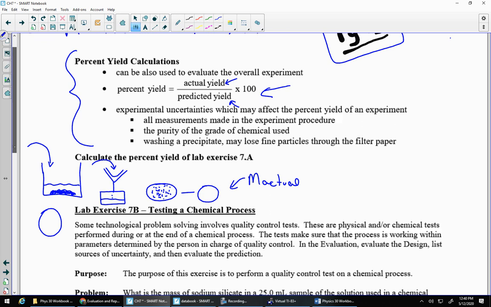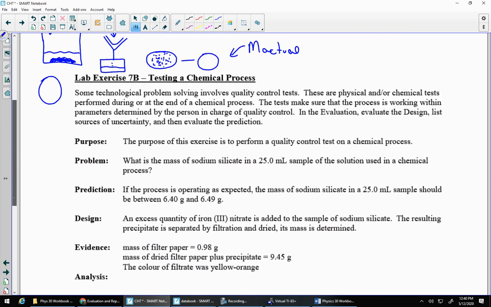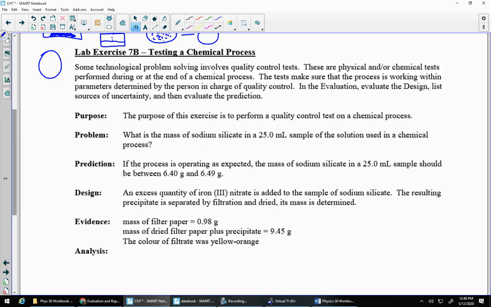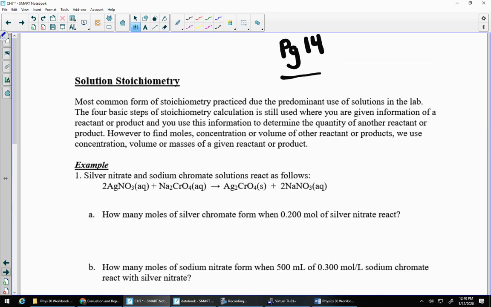So we're going to skip over lab exercise 7b. Again, you can 100% check that out if you want to. It's bonus material for us right here and right now in this COVID-19 situation that we're in. And we want to jump into solution stoichiometry on page 14. So this is just like gravimetric stoichiometry.